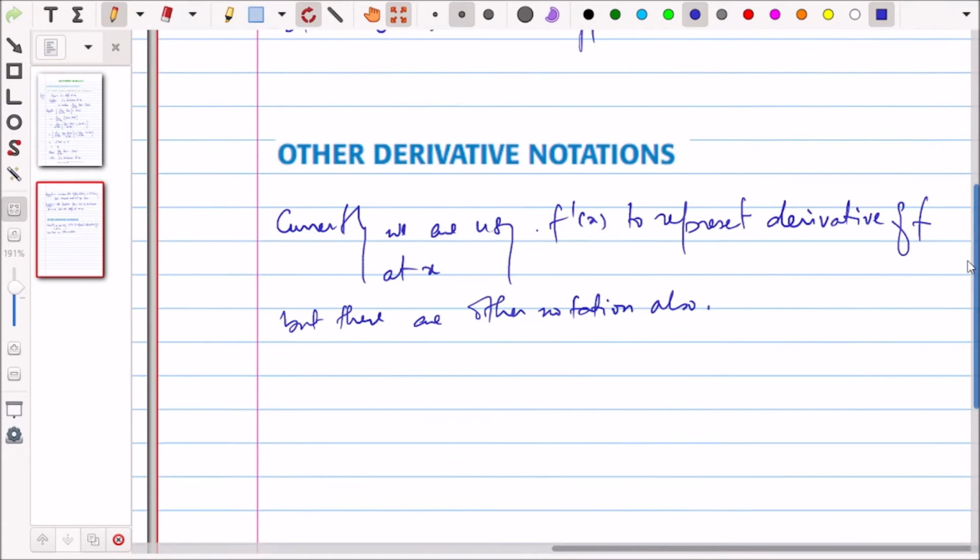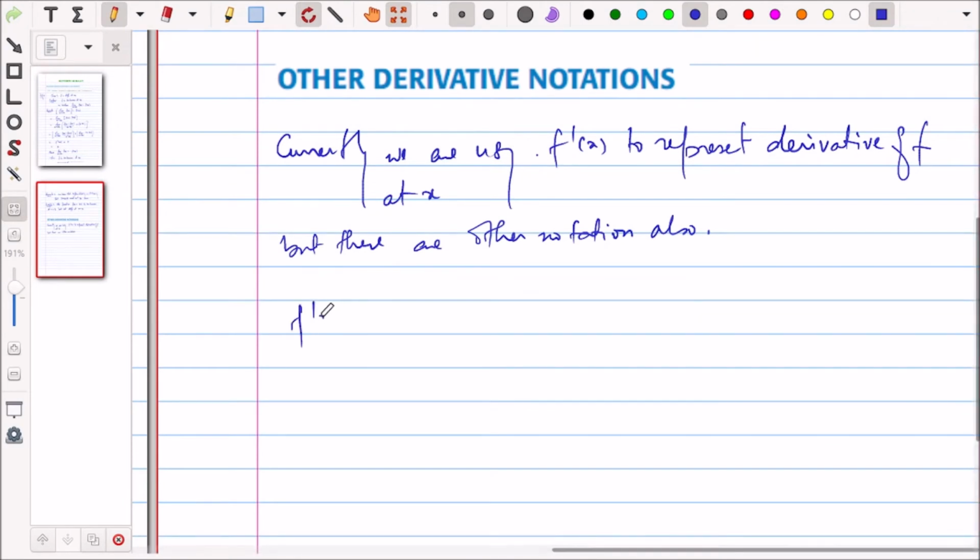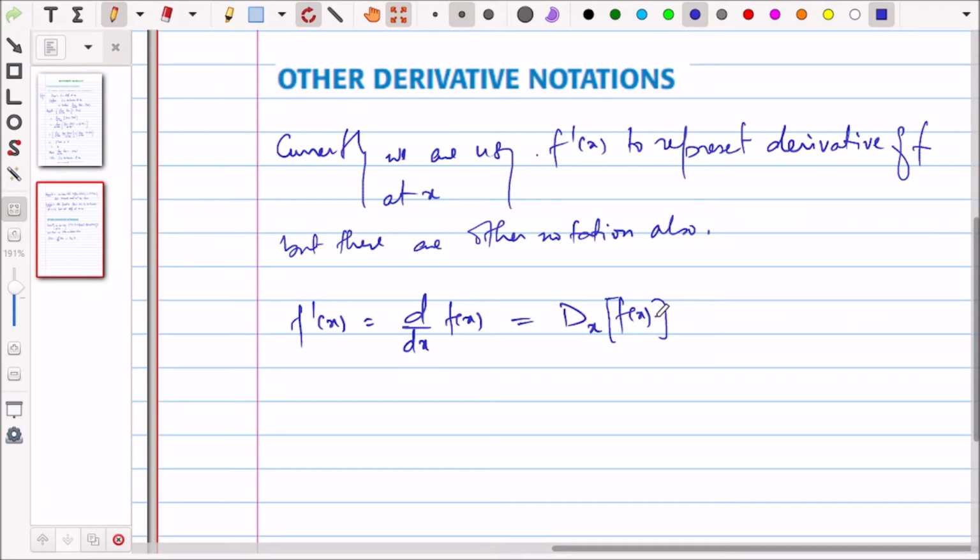First, f dash x can be written as d by dx of f x. It is also written as df by dx, which means the derivative of f with respect to x.